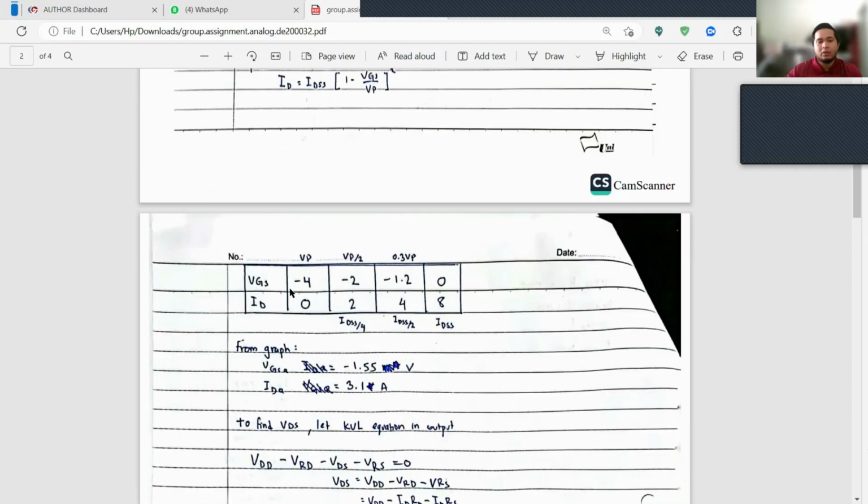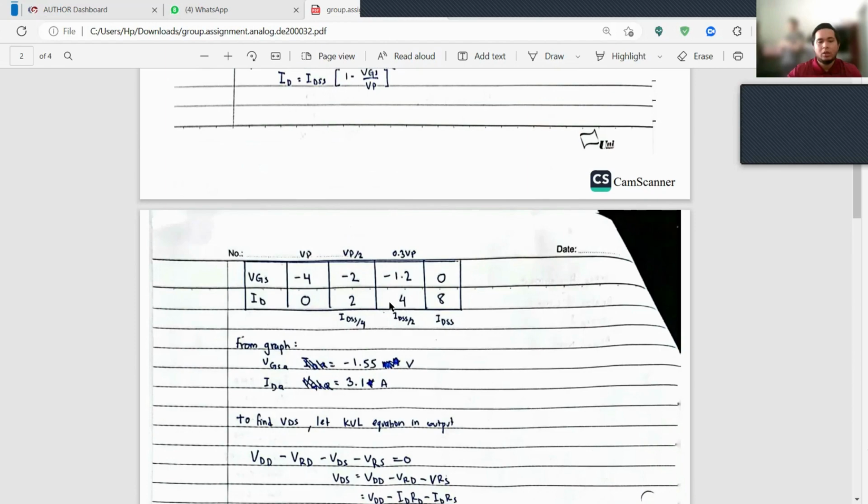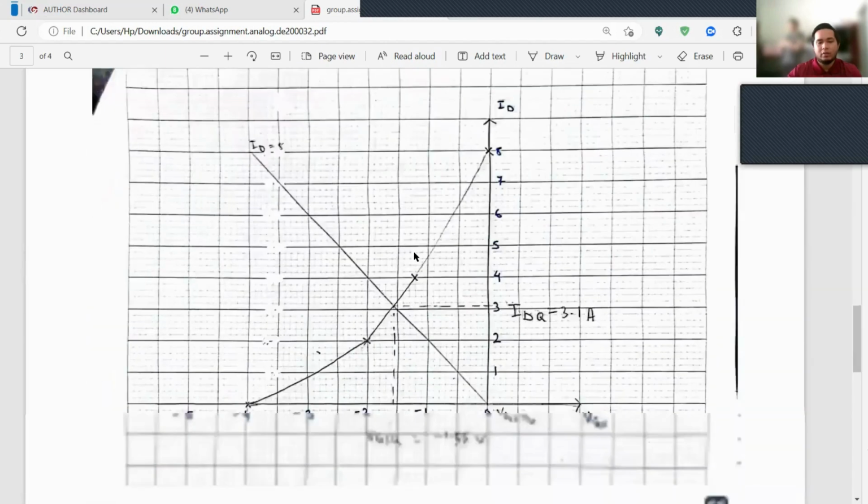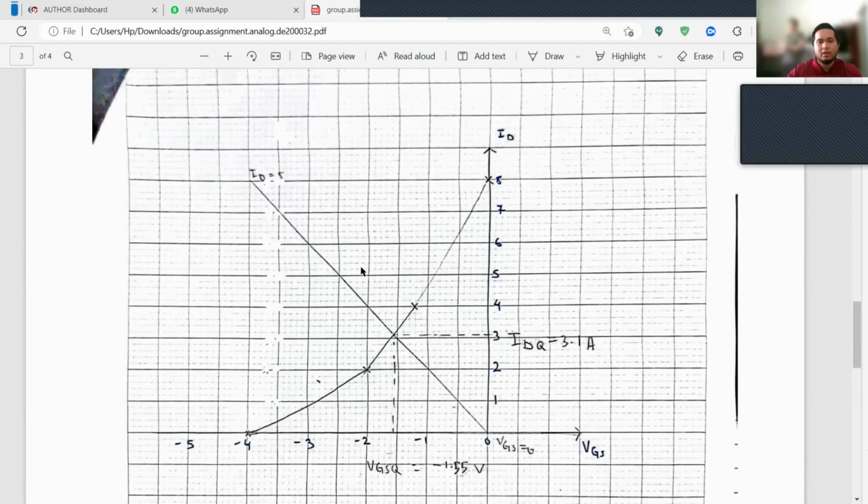So this is the simplest table we can get, where this is IDSS, this is IDSS over 2, this is IDSS over 4, and 0. Also, this is the value of VP over 2, and 0.3 VP, and this is 0. So from the graph, this is the point 0 to 8.